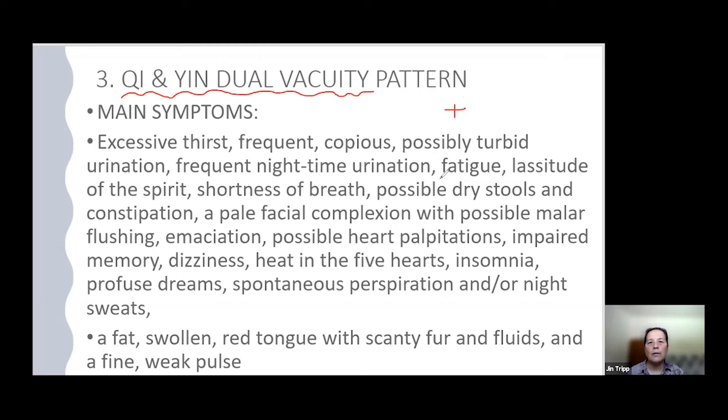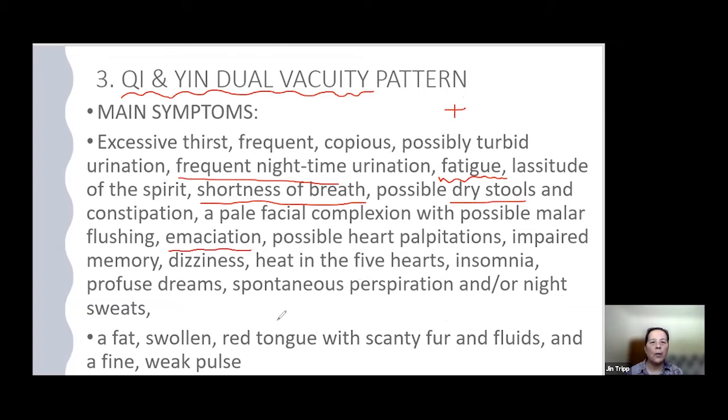So qi deficiency can cause patient fatigue and short breath. Yin deficiency can cause patient dry stool, night sweating, or night urination, and emaciation coming from yin deficiency.